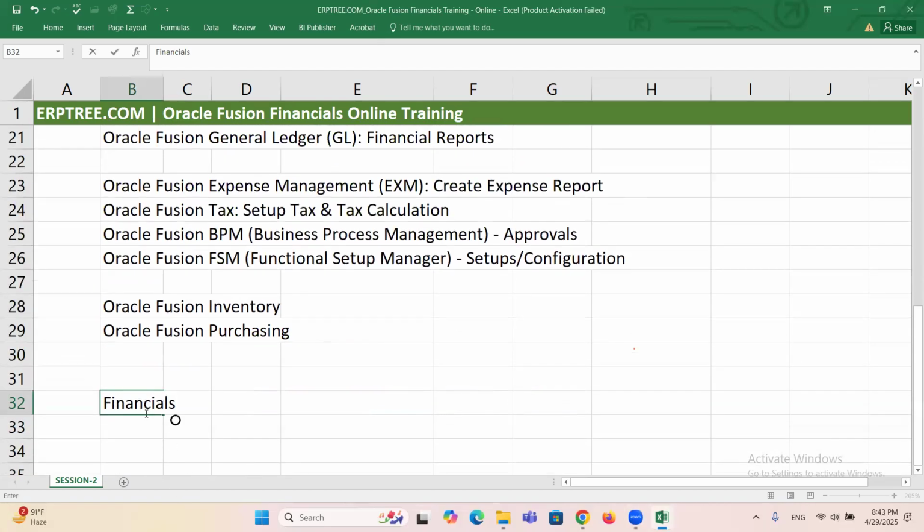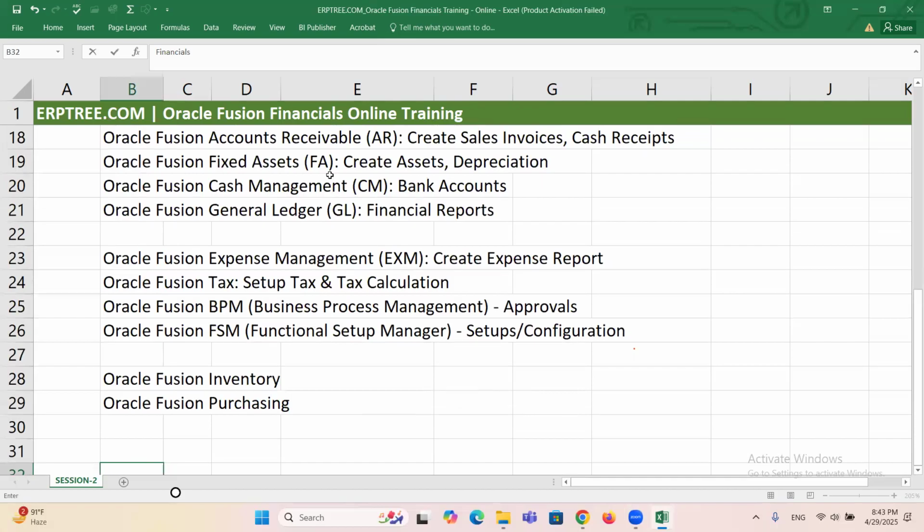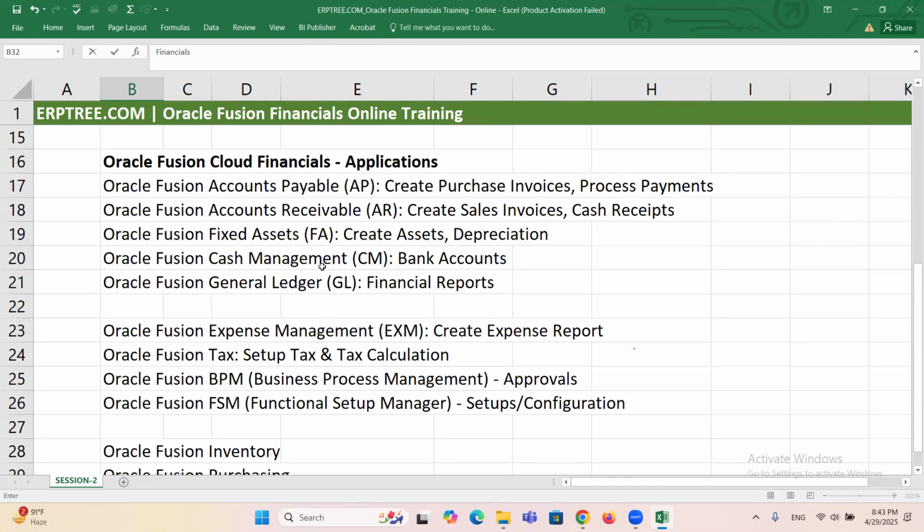So why are we calling these applications financials? If you look at these applications, everywhere we are dealing with money. When you talk about AP, we are making payments. If you talk about AR, we are recording cash receipts, payments from customers. If we talk about fixed assets, we are maintaining the assets, and liquidity would be there.